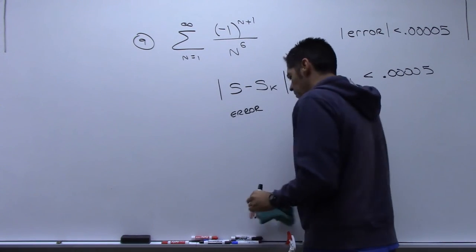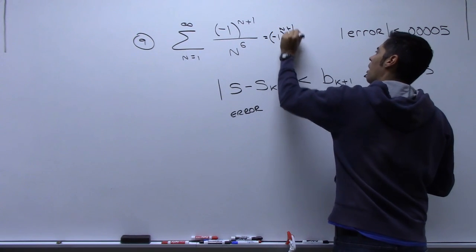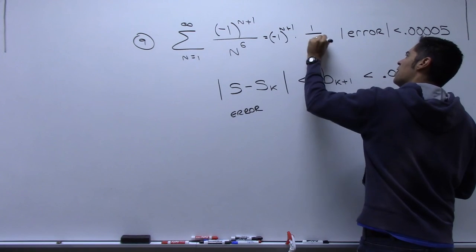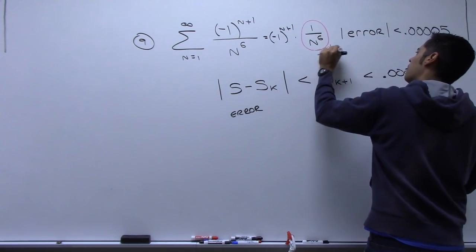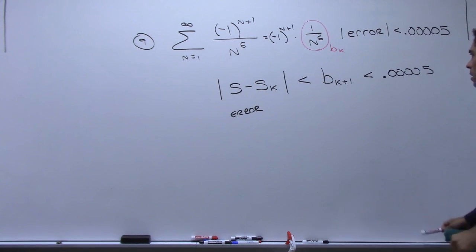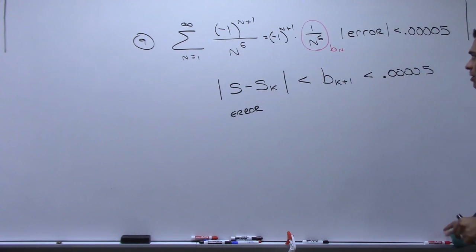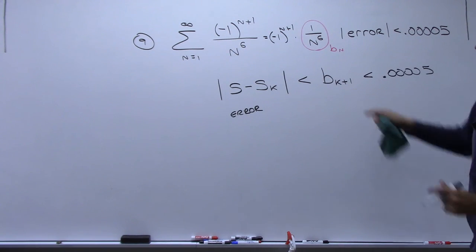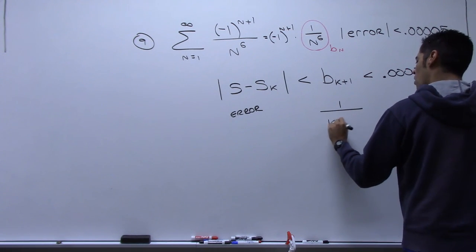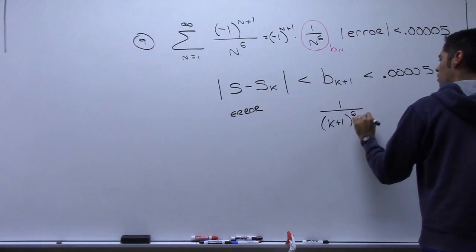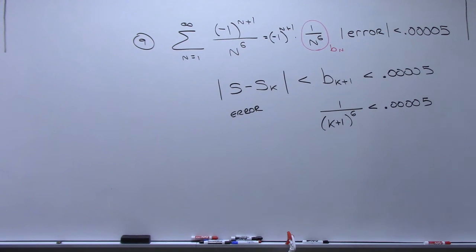Remember that you have to rewrite this with the negative 1 part peeled off, and then 1 over n to the 6th. That is the piece that is your b sub n. But we are going to plug k plus 1 into that. So I want 1 over k plus 1 to the 6th power to be less than 0.00005.